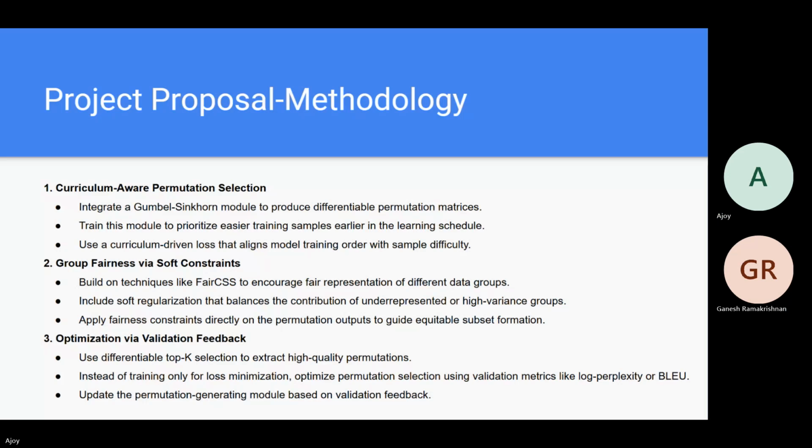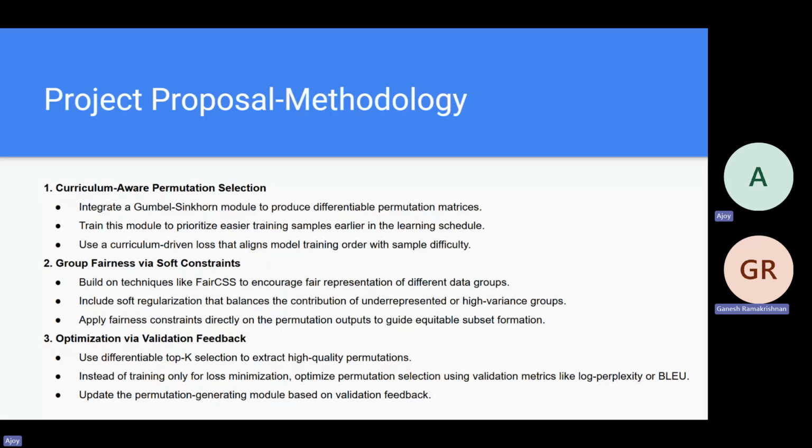So you're saying you want to use permutations or subset selection to help curriculum. I'm not even able to connect the dots here. Group fairness wise, I mean, you're not able to defend your bullet point. You can be asked, did you just use an LLM to generate this? Because I'm not able to connect these points.